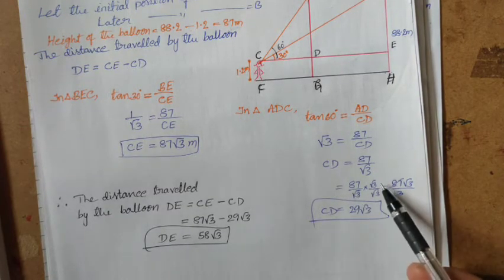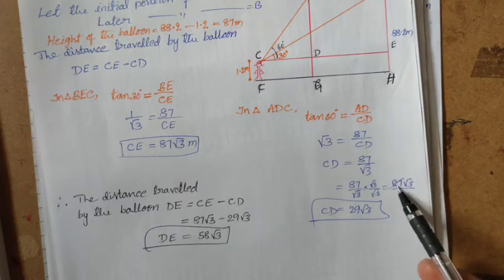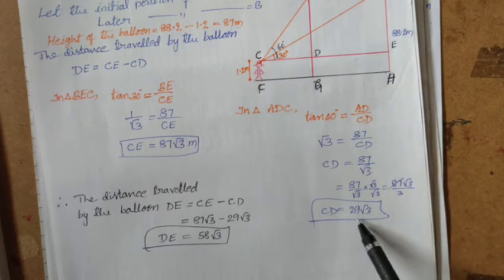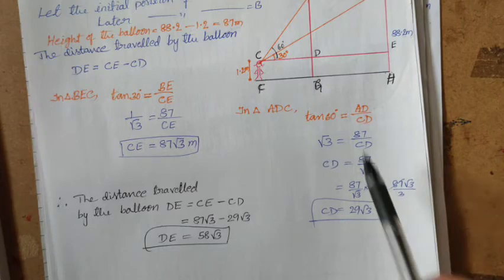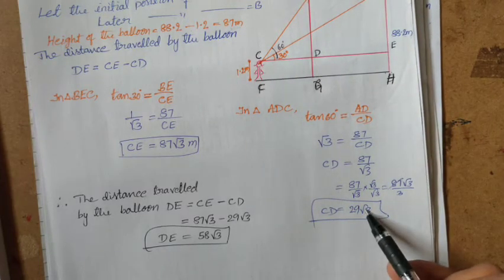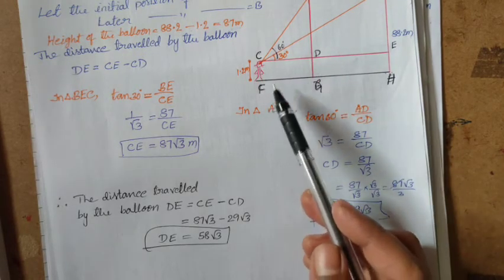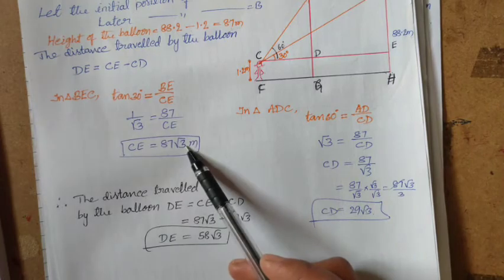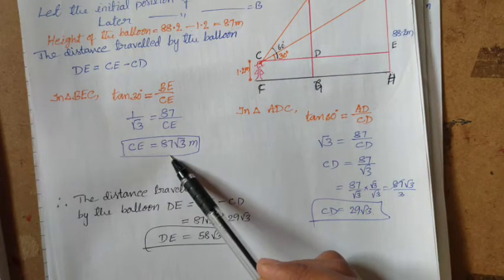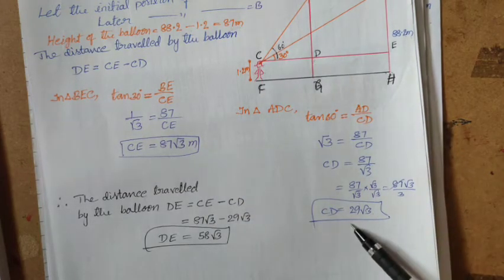The rationalizing factor of root 3 is root 3. Multiply and divide by root 3. Then we get 87 root 3 divided by 3. Divide by 3, we get 29 root 3. So, the length of CD is 29 root 3, and CE is 87 root 3. So, the total length CE is found, that is 87 root 3, and this CD length is found, that is 29 root 3.